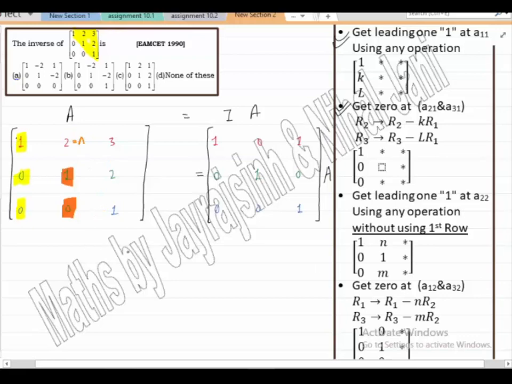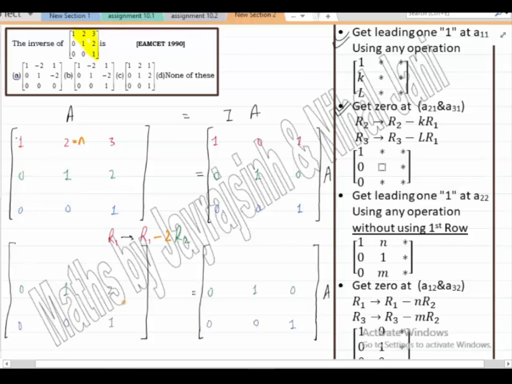So let's do the operation R1 gives R1 minus n, or we can say 2 R2. Okay, and in this operation our second and third rows will be as they are. So first of all, let's write them down as they are.